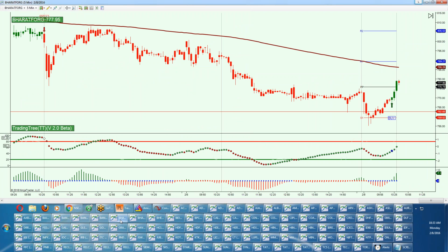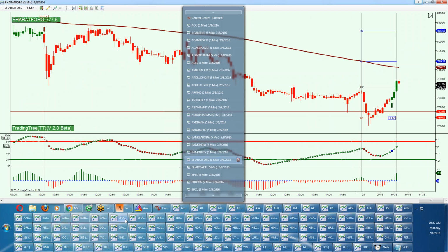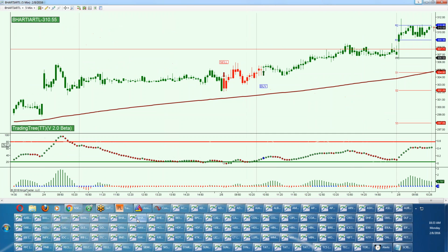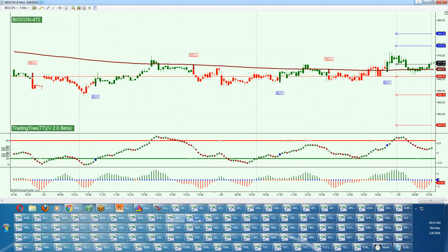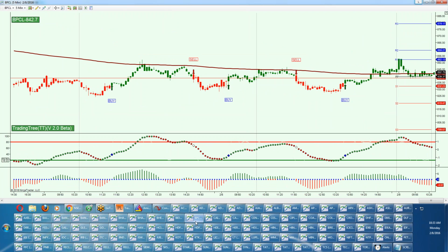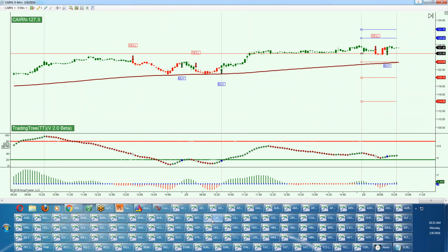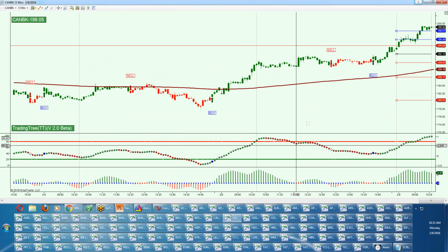Bharat Forge, we saw that the recent buy call has already done its target. That's Bharti Airtel, BHEL, Biocon. BPCL is flat. Can Bank, the buy call. Can Bank is really doing good.